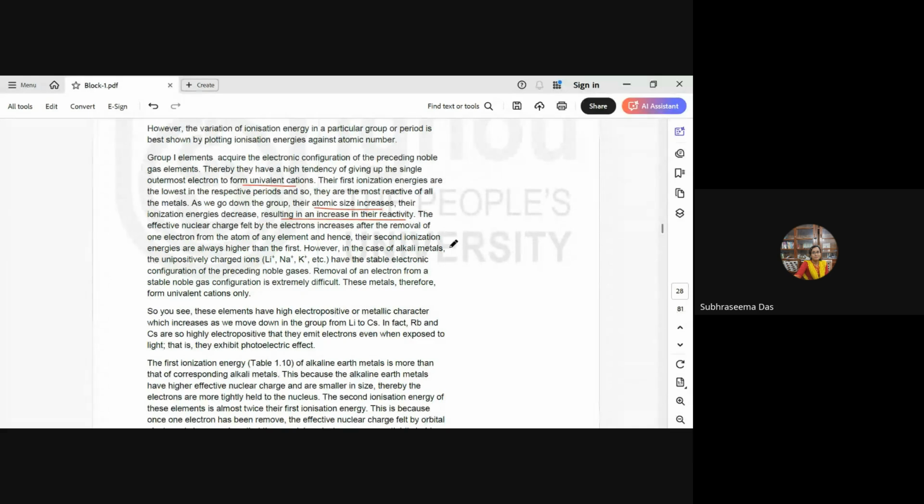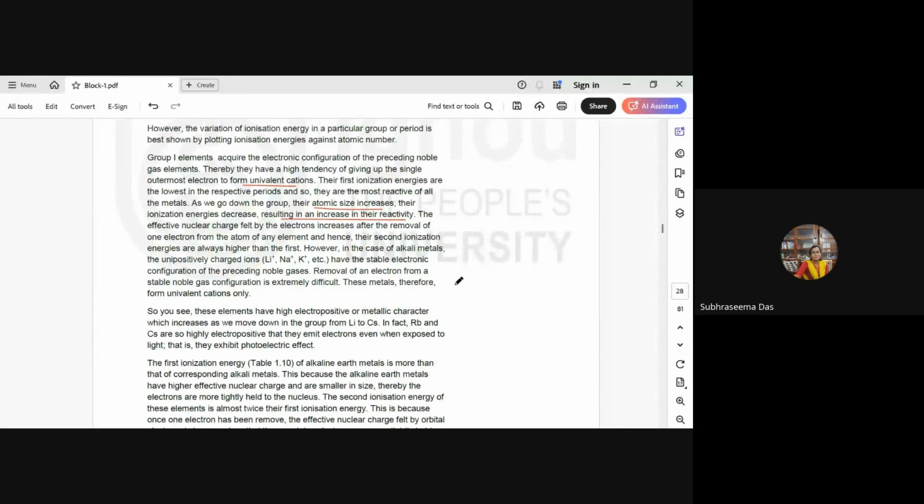Because Li+, Na+ or K+ have a stable electronic configuration. Once they have the stable electronic configuration of a noble gas, removal becomes extremely difficult. That is why group 1 metals mostly form univalent cations, that is Na+, K+ or Li+. So this is how the ionization energy varies in group 1.